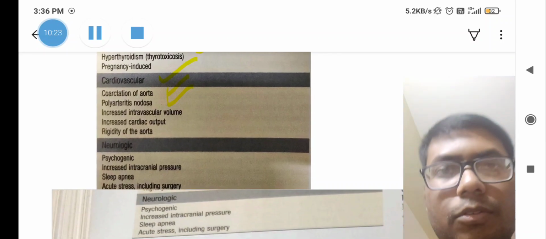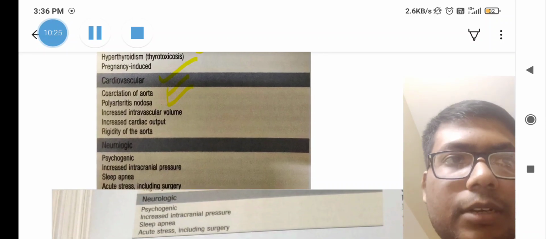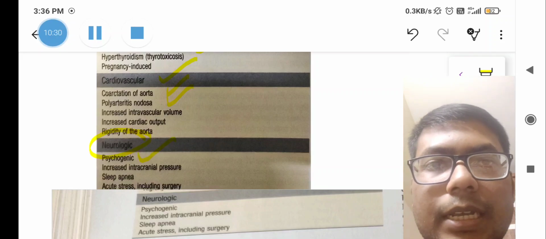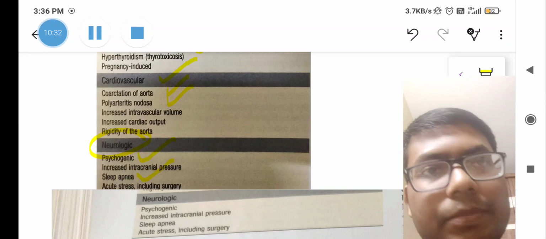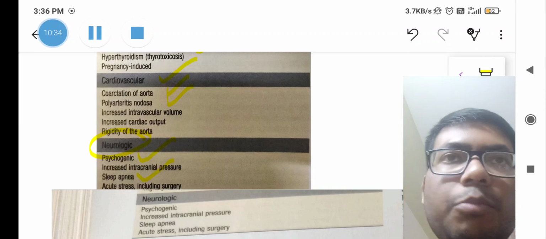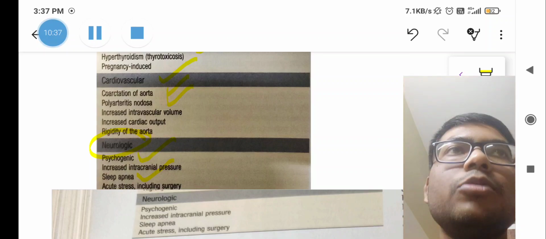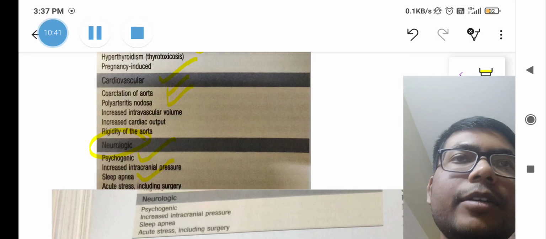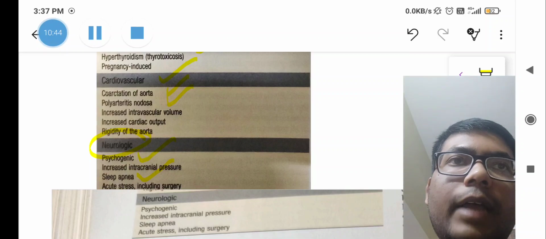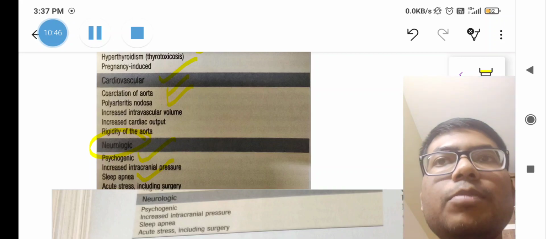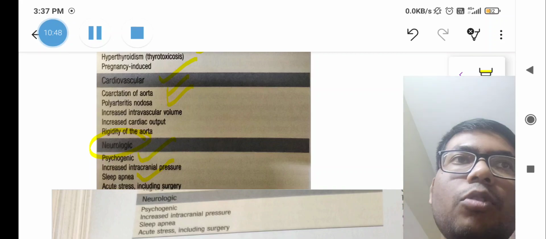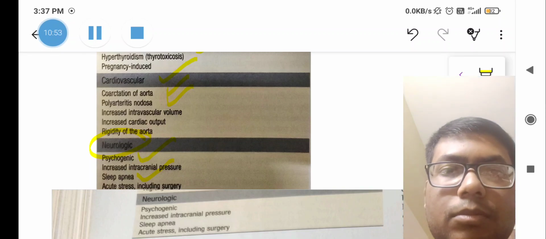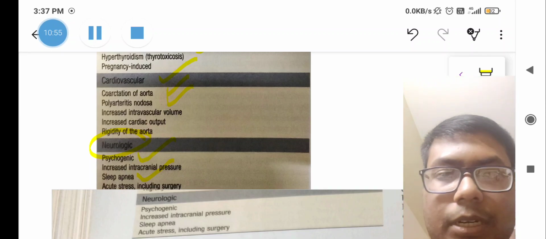Now what is an important part, that is the neurogenic cause. Neurogenic causes are also important, like psychological factors and sleep apnea. Obstructive sleep apnea is a very important cause for hypertension, because when there is obstructive sleep apnea, there is sympathomimetic action, more adrenaline rush and more activation of the sympathetic system, and also more cortisol release in the blood, so these cause more chances of hypertension.